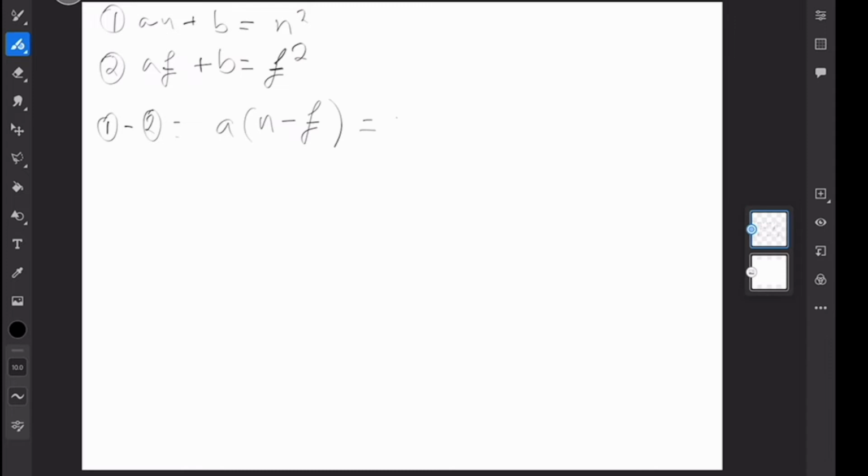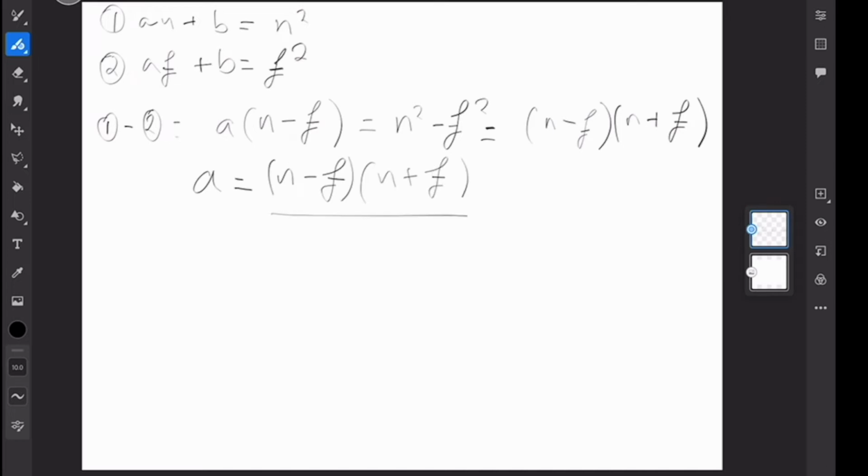And then we have n squared minus f squared. But that's a difference of squares, so that factorizes into n minus f times n plus f. Awesome. Then we just divide on both sides. So we've got an expression for a.